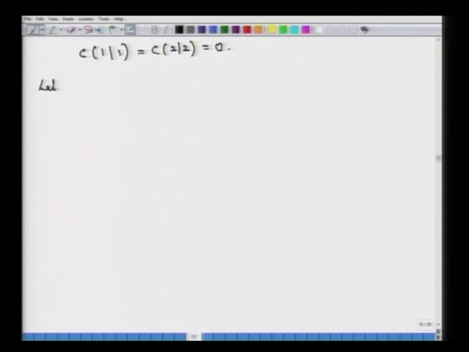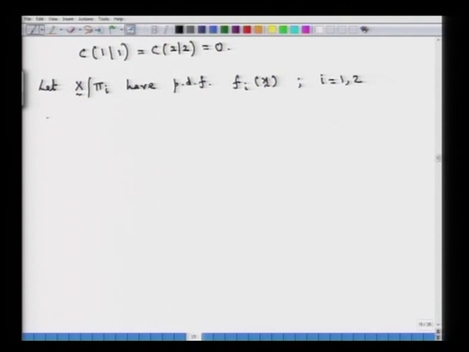Now, let us also have a density associated with such pi i populations. Suppose x given pi i has a density, the joint density of x1, x2, ..., xn, denoted by fi(x). This is for both the populations 1 and 2.